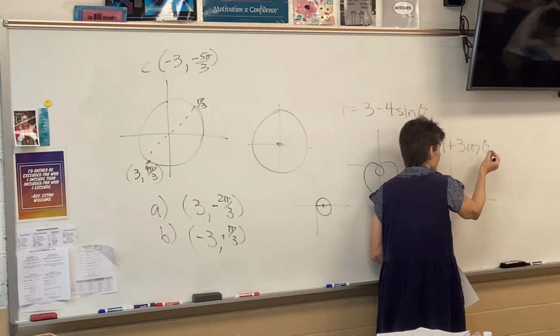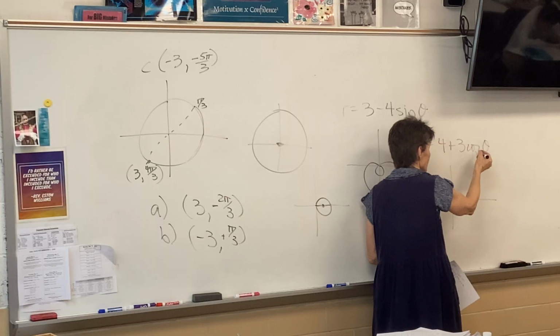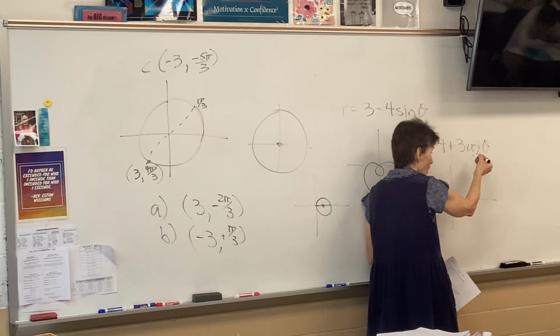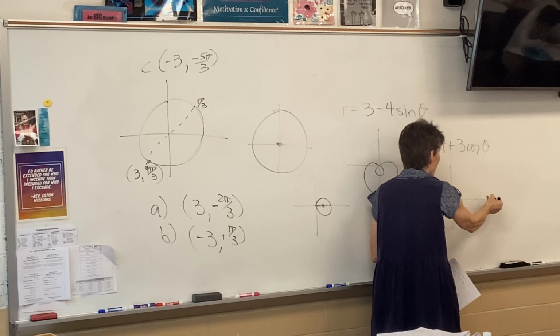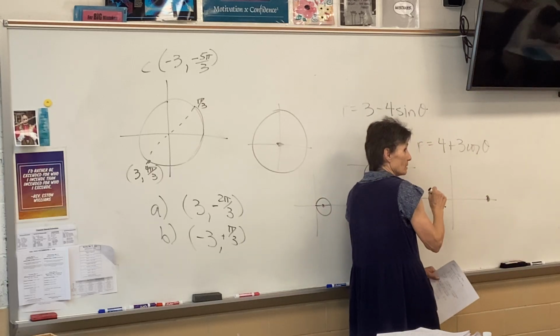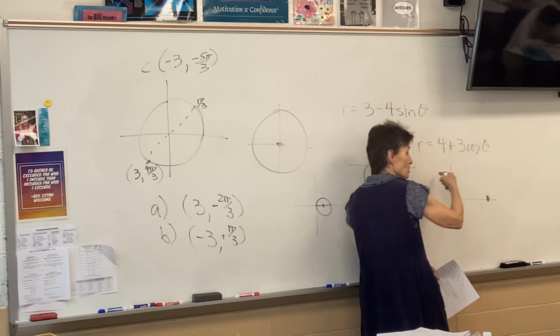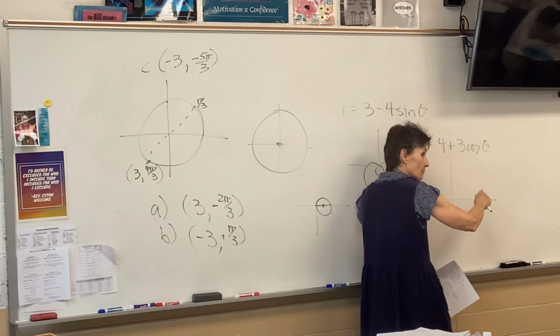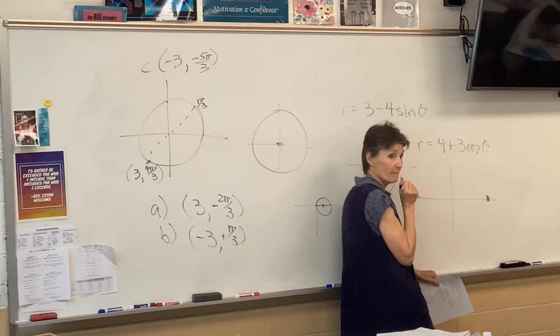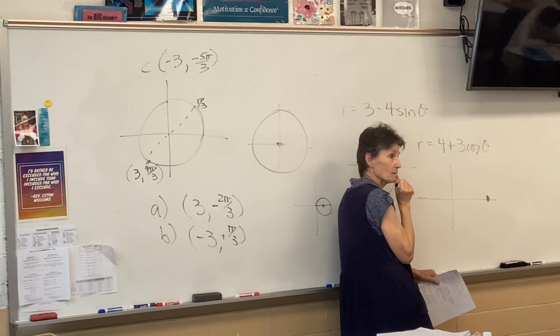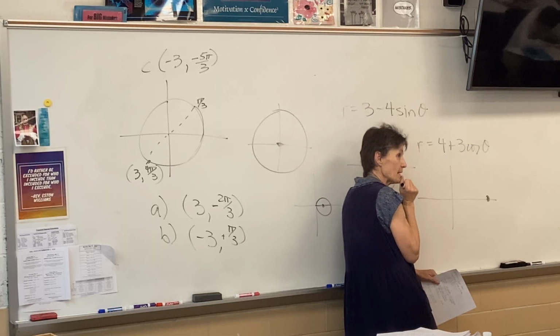If cosine of 0 is 1, won't we be clear out here at 7? Right? So doesn't this one go this way? Will it have a loop? It will have a dent. Where will the dent be?